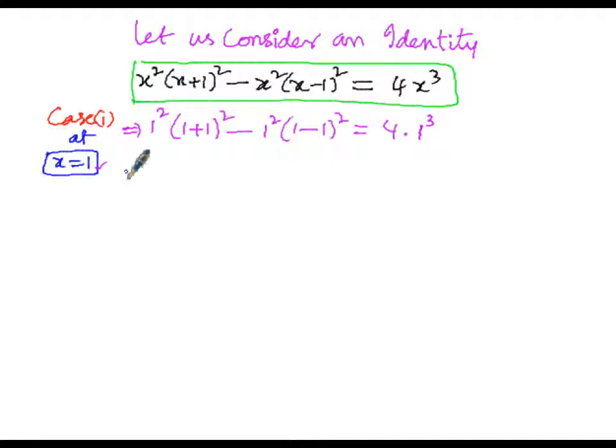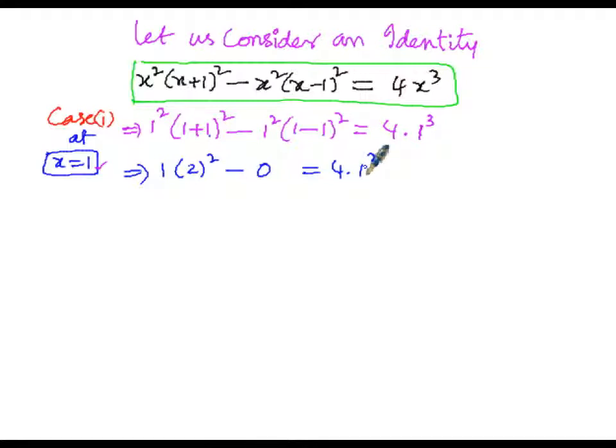So that implies 1 square is 1 into 1 plus 1 is 2 whole square minus 1 minus 1 is 0, 0 whole square is 0 into 1 square is 0, then that is equal to 4 into 1 cube.